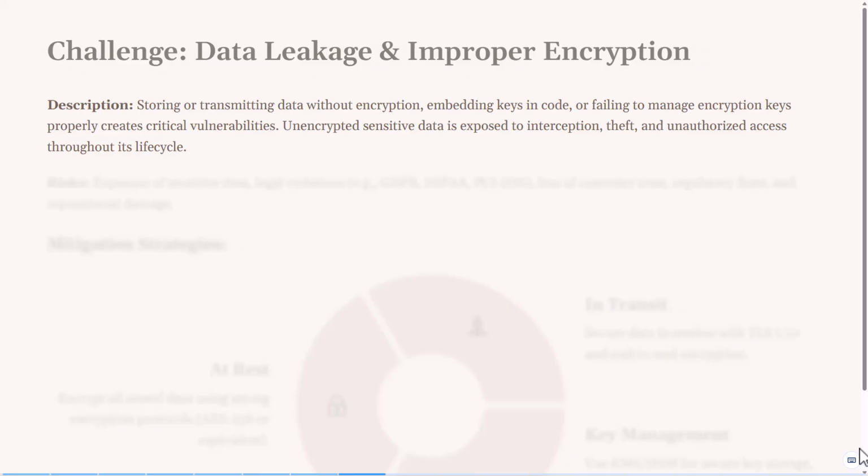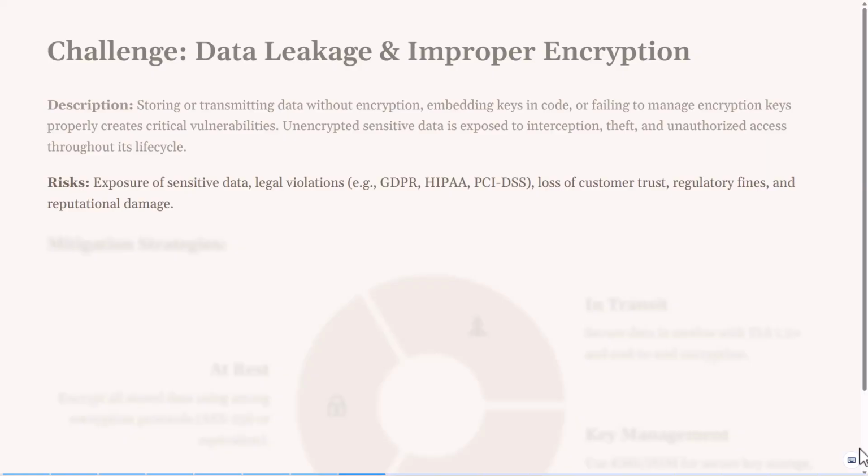If data is stored or sent without encryption, or if keys are handled poorly, attackers can easily see or steal sensitive information at any stage. This can lead to sensitive data being exposed, breaking important laws, losing customer trust, paying heavy fines, and damaging the organization's reputation.